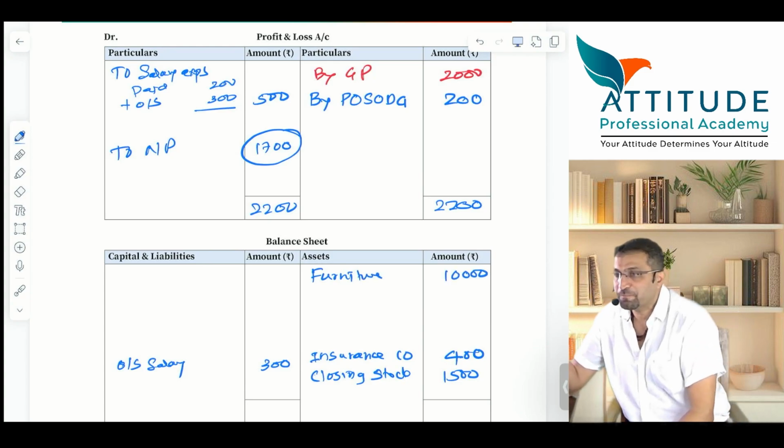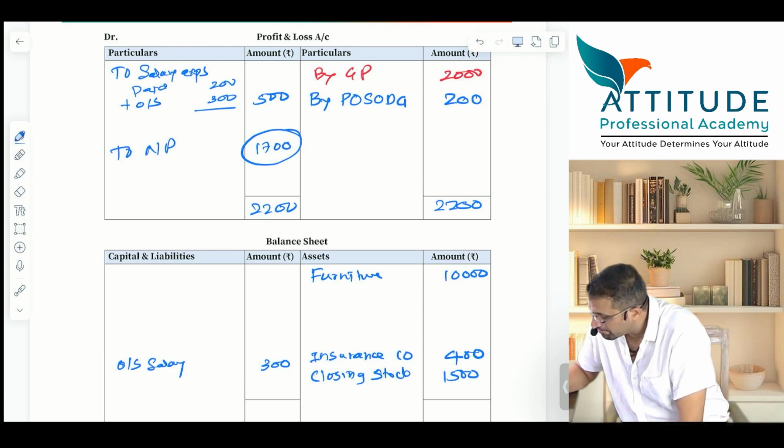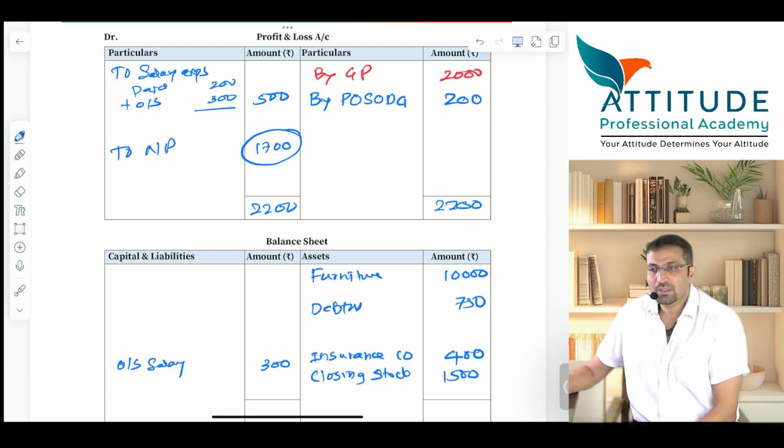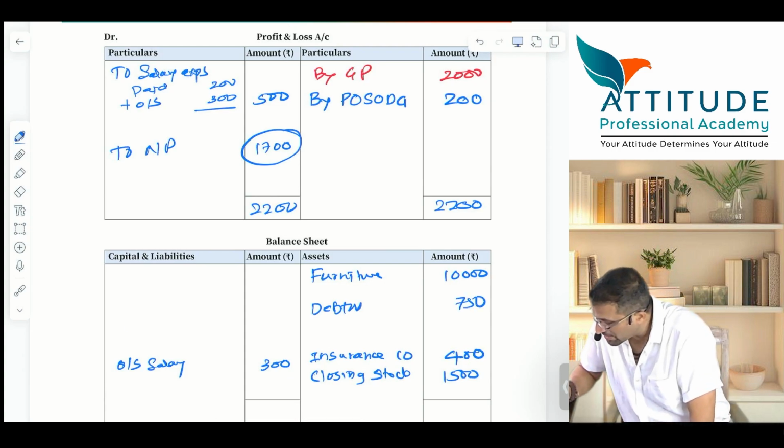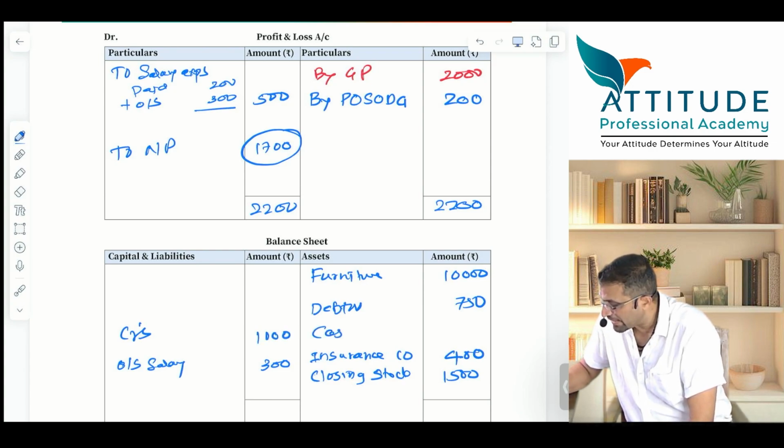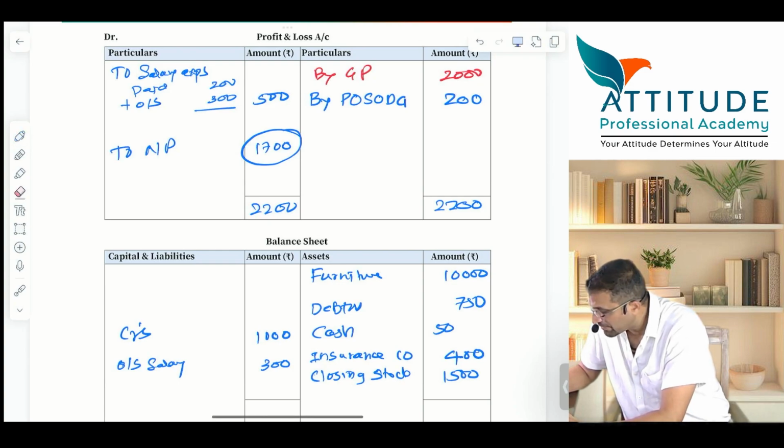Next item bolo. Debtors, how much? Debtors, 750. Excellent. Next. Creditors, how much? 1000. Next. Cash at bank, how much? 51,000.